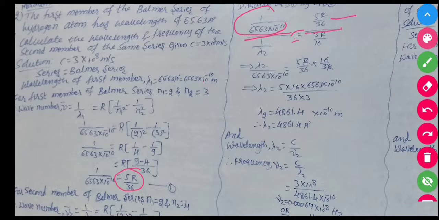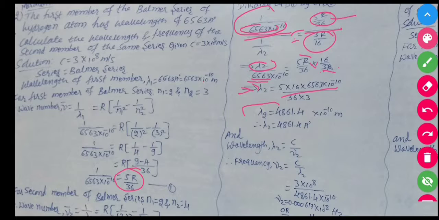That is 1 by 6563 into 10 raised to minus 10, whole divided by equation 2, which is 1 by lambda 2, and that equals equation 1, which is 5r by 36, whole divided by equation 2, which is 3r by 16.